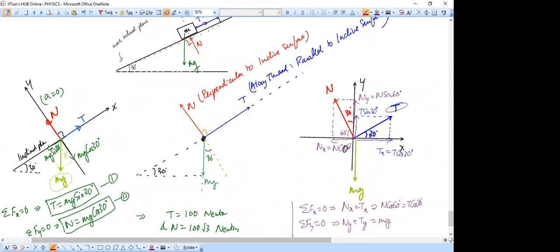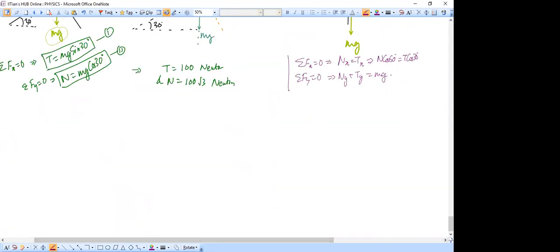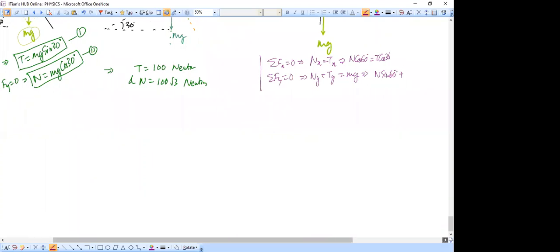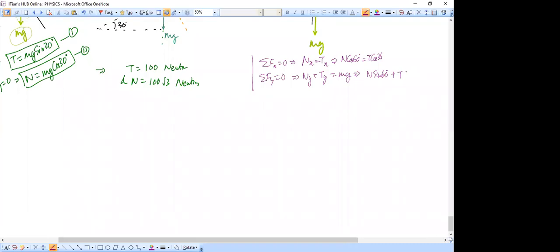So in other words, this becomes N sin 60 plus T sin 30 is equal to mg. So this would be our first equation, this would be our second equation.